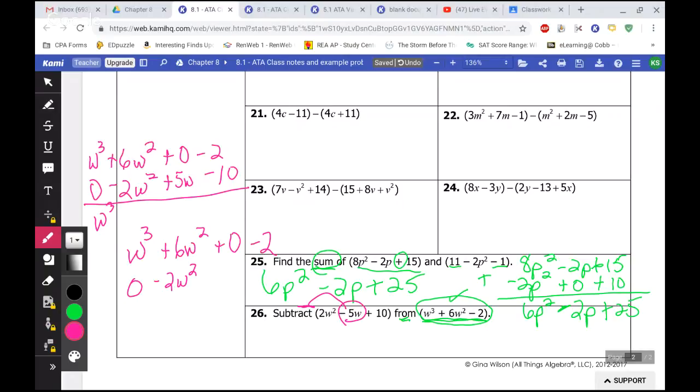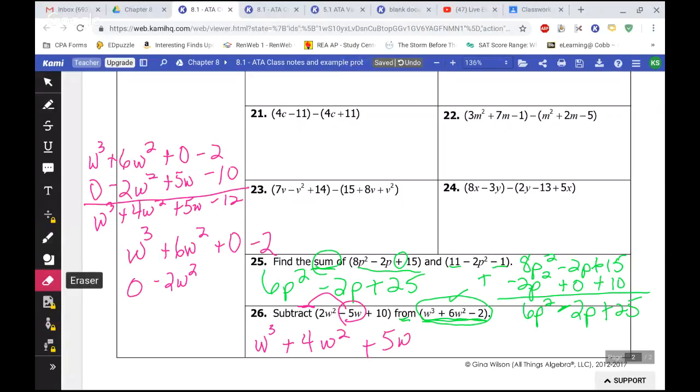And then 6w squared minus 2w squared is 4w squared. And then 0 plus 5w is 5w. And negative 2 and negative 10 is negative 12. So my final answer for this one is w cubed plus 4w squared plus 5w minus 12.